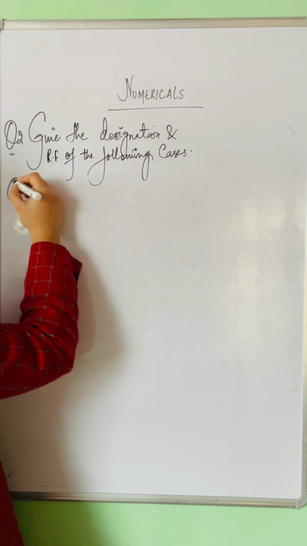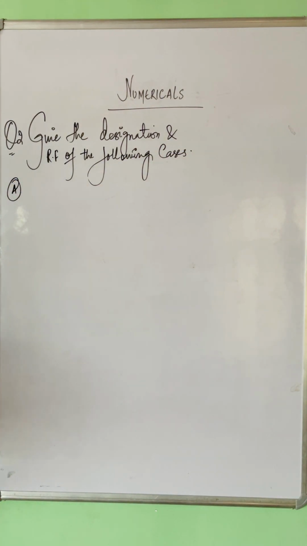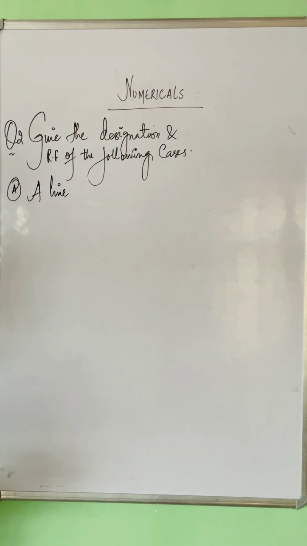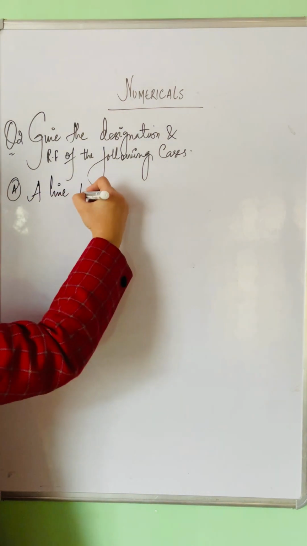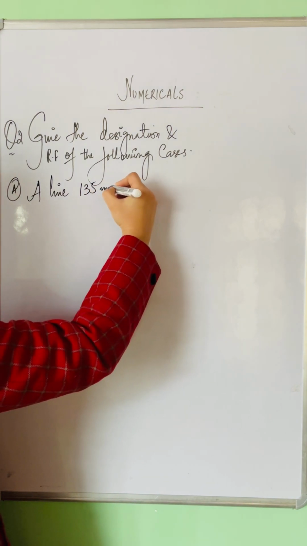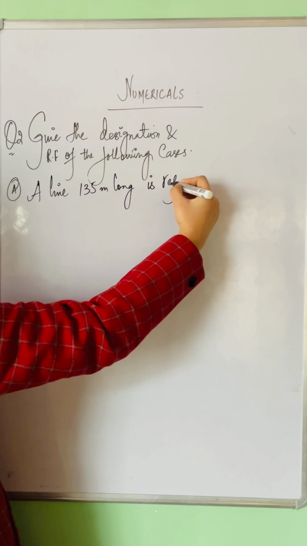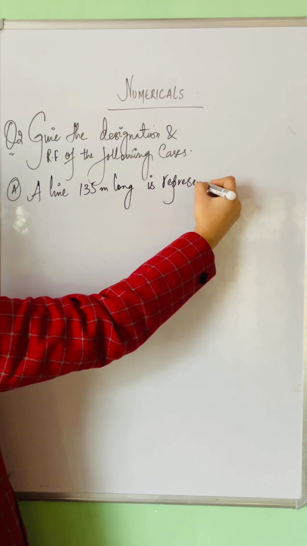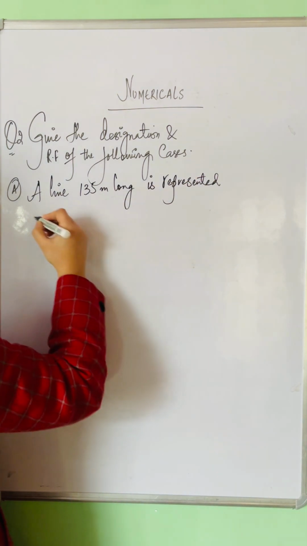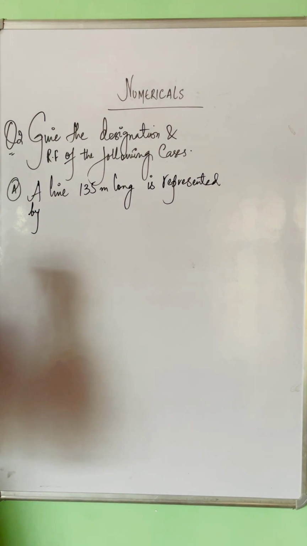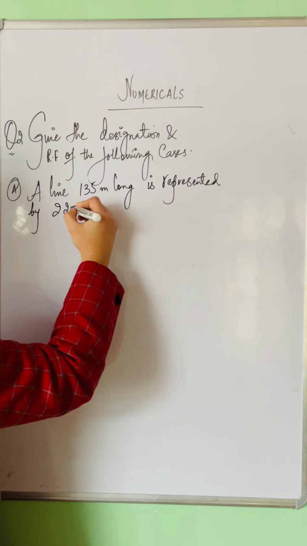Case number 1 is, a line 135 meters long is represented by 22.5 centimeters on the plan.